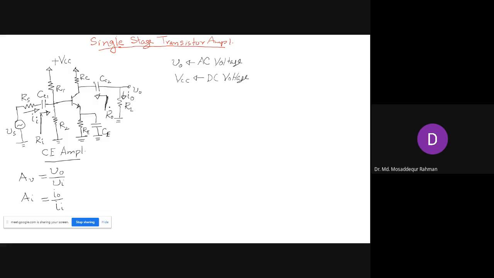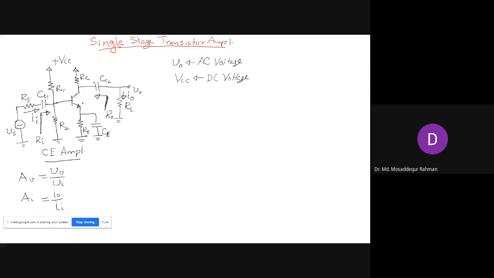Unlike the RC, which is involved with both AC and DC here, at the output side and at the input side we have only AC current and AC voltage. So we can say that Ri and R0 are related to the AC quantities.